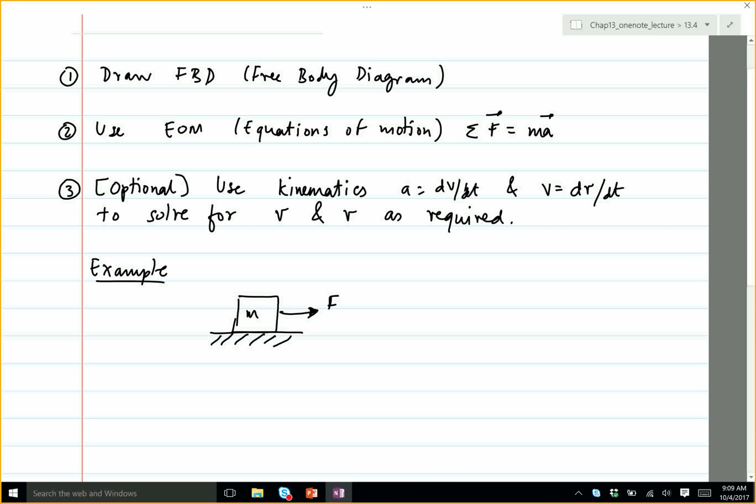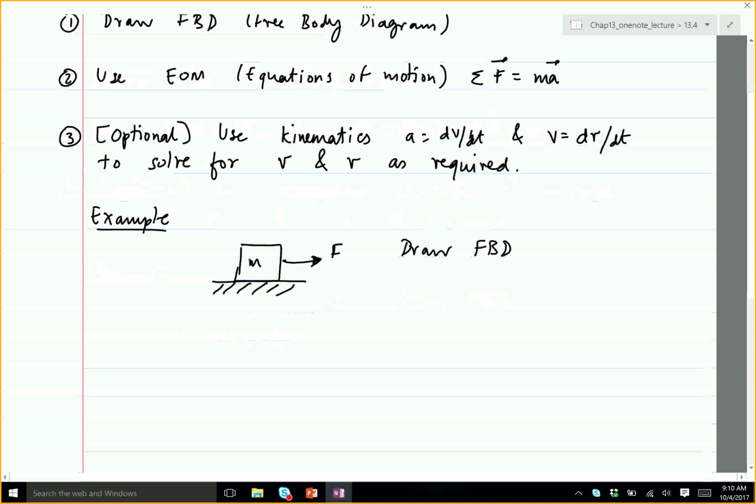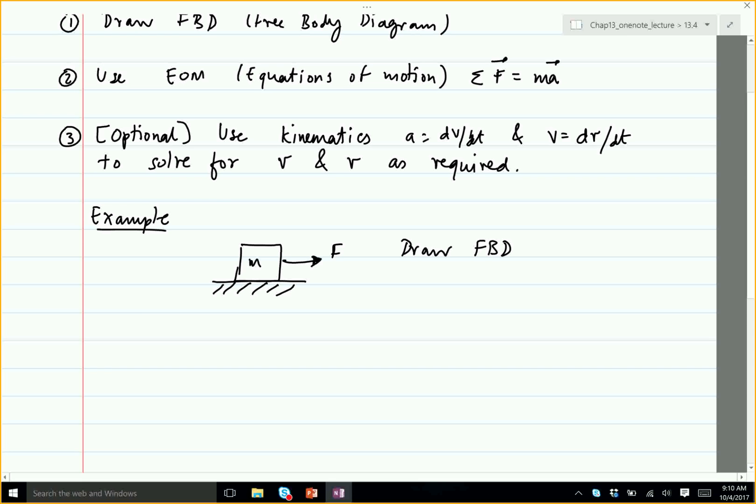Okay, so the problem might be: draw the free body diagram for that. We might even ask you a short answer question asking you to draw the free body diagram. So the correct way to draw this free body diagram is to only draw the mass and nothing else.